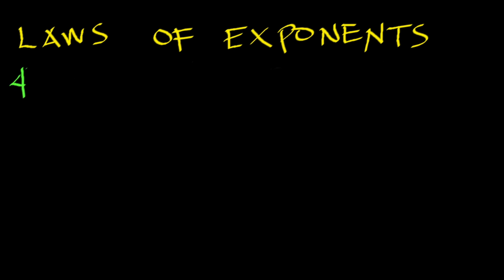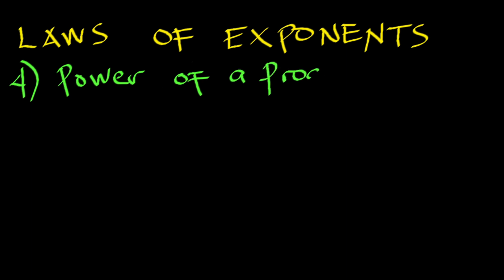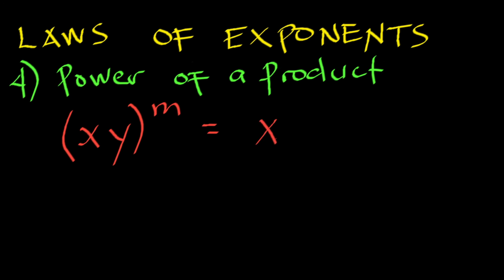The fourth law of exponent natin is power of a product. So meron tayong dalawang magkaibang variable na i-raise natin to a certain exponent. So we have xy quantity raised to m. So remember, kung meron kang parenthesis dyan at exponent sa labas, just say quantity in place of the word parenthesis.